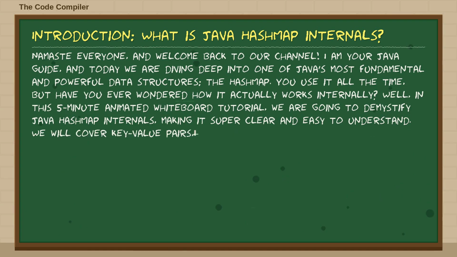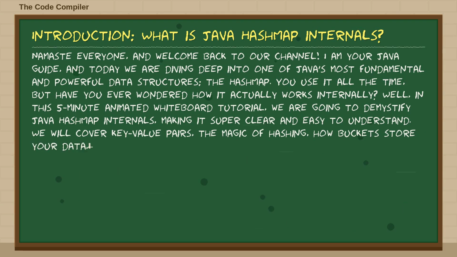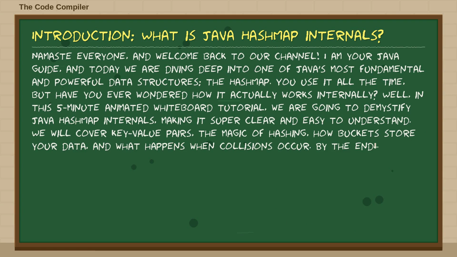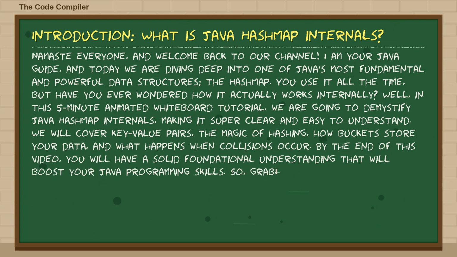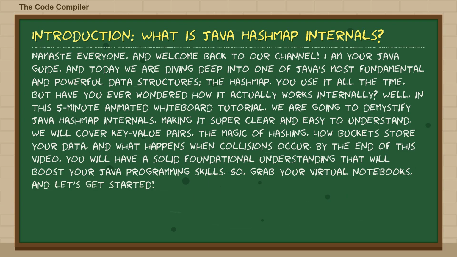We will cover key-value pairs, the magic of hashing, how buckets store your data, and what happens when collisions occur. By the end of this video, you will have a solid foundational understanding that will boost your Java programming skills. So, grab your virtual notebooks and let's get started.